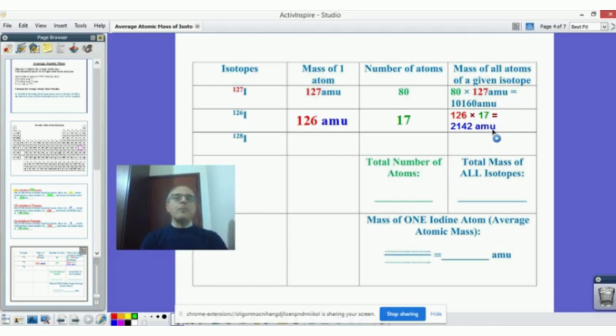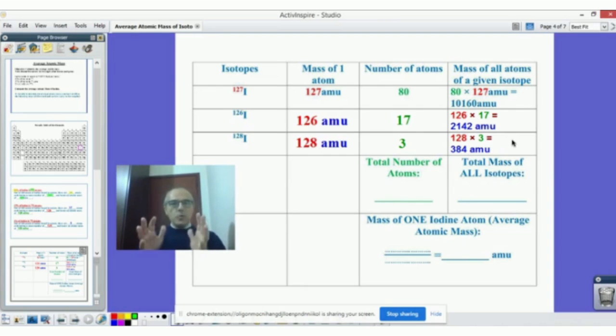The third isotope is I-128. The mass of one atom is equal to 128 AMU. In nature, there are 3 out of 100 iodine atoms. 3 atoms have a mass number of 128. The total mass of these 3 atoms will be, with a simple math operation, 3 times 128 equal to 384 AMU.